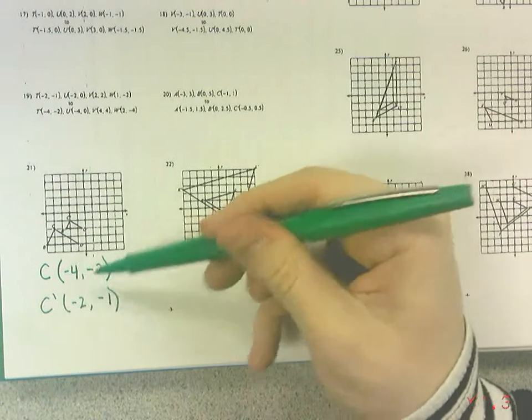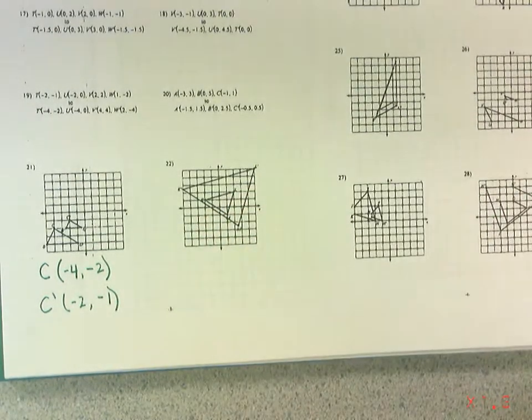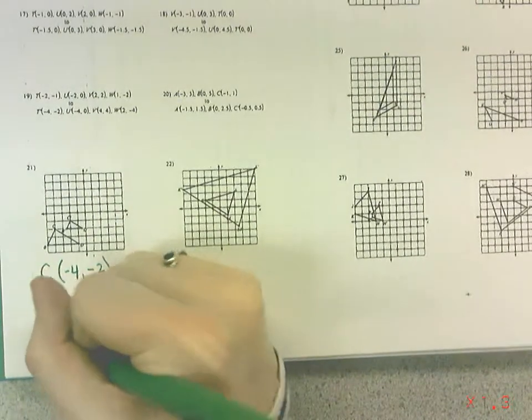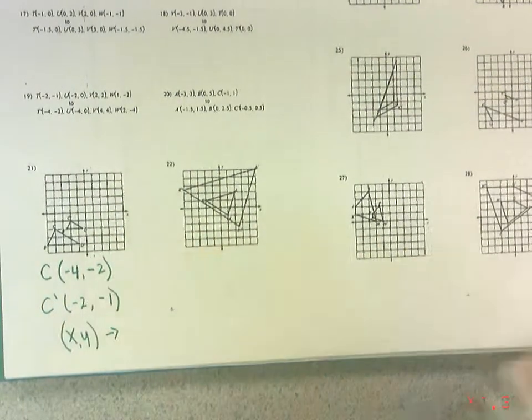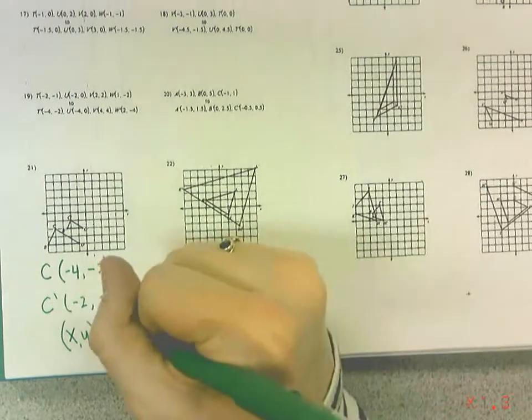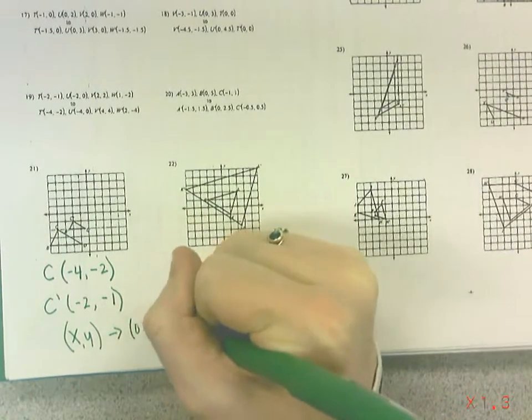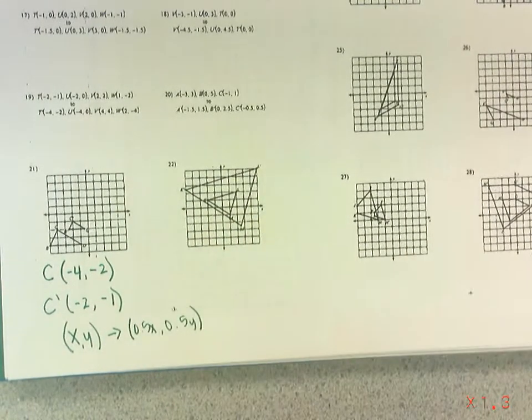So how did we get from negative 4 to negative 2 and negative 2 to negative 1? Well, that's going to be the same rule as the one we just did. You're dividing by 2 or multiplying by 1/2 or 0.5. So the rule would be 0.5x, 0.5y.